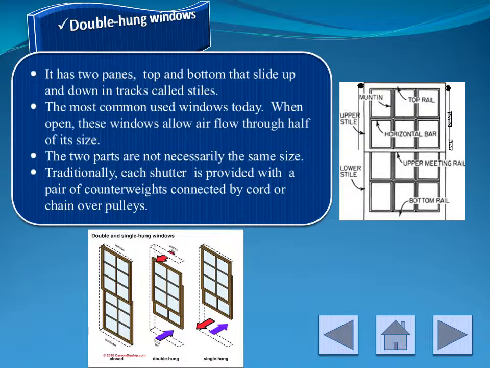The two parts are not necessarily the same size. Traditionally, each shutter is provided with a pair of counterweights connected by cord or chain over a pulley. The diagram shows the frame and the wall of single and double hung windows.